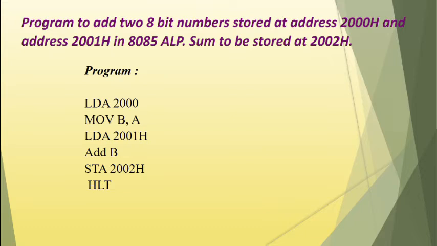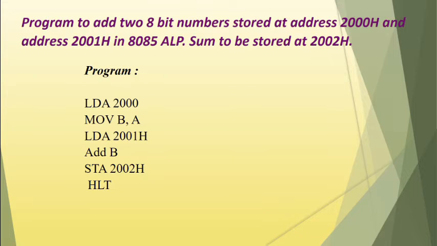So in this particular case we have to use one command, ADD, and we can add the contents of memory to the contents of the accumulator, or we can transfer the contents of the memory to some other register, and thereafter we can load the contents of the next memory location from the memory, and we can add it and we can store that particular result. So it is a very simple program. So let us follow the second method.